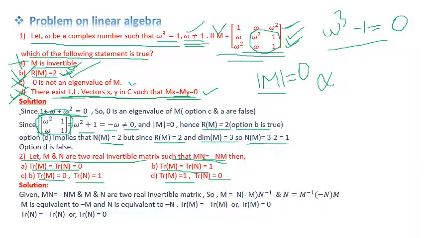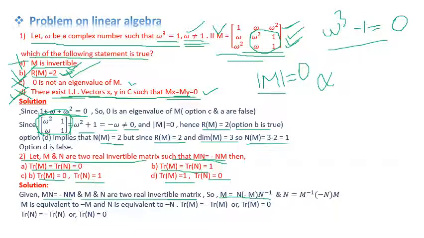Here we are given that MN equals minus NM, and M and N are two real invertible matrices. So we can write M equals N of minus M into N inverse.